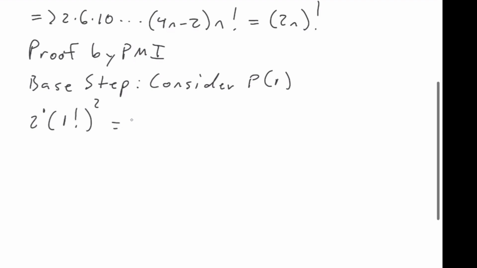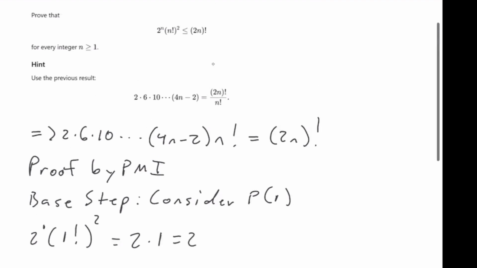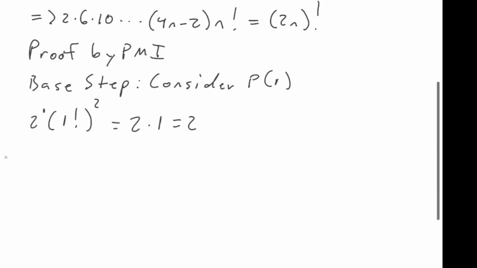And of course, that's just 2 times 1, which is 2. And then over here, 2n factorial. So that's 2 times 1 factorial, which is of course 2 factorial, which is 2, right? So this checks because 2, of course, is less than or equal to 2.